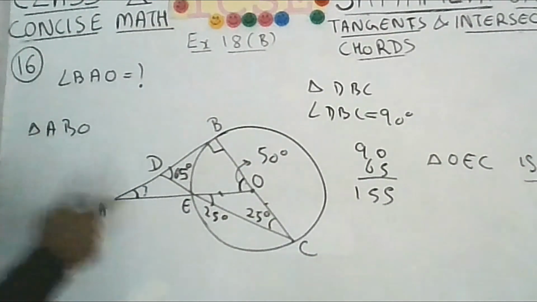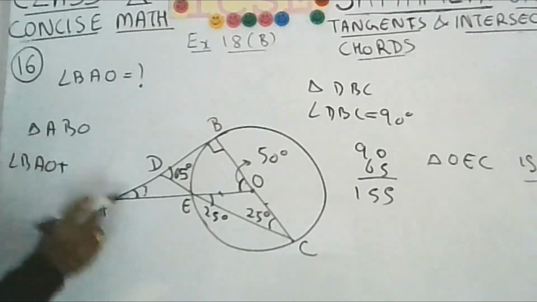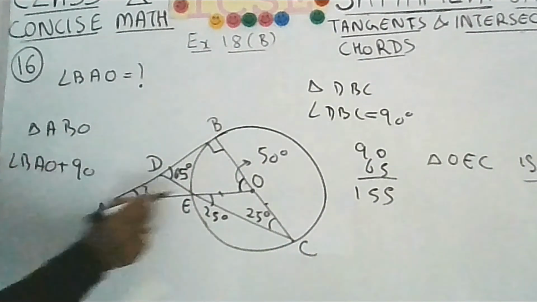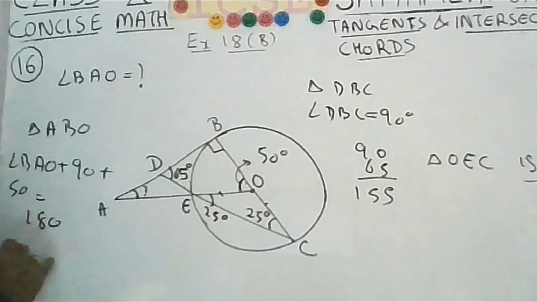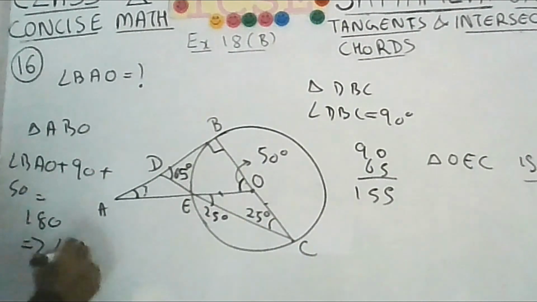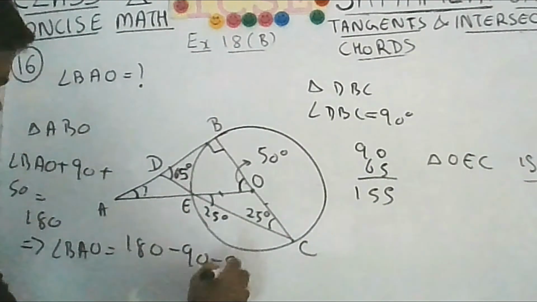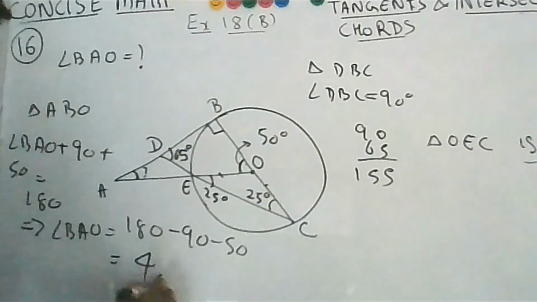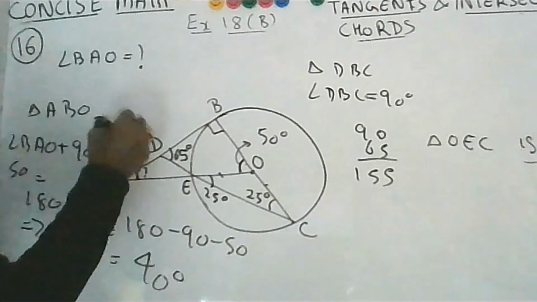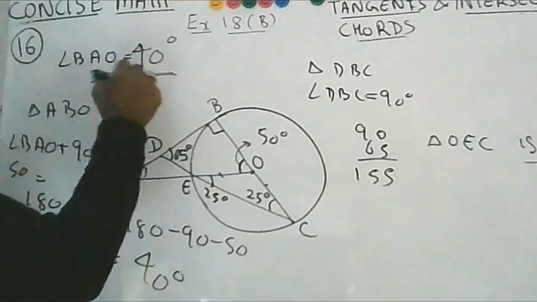This angle we have to find, angle BAO, plus this angle 90 degrees plus this angle 50 degrees will be equal to 180 degrees. So this implies that angle BAO will be equal to 180 minus 90 minus 50. 90 minus 50 will be 40 degrees. So this angle will be 40 degrees. Okay.